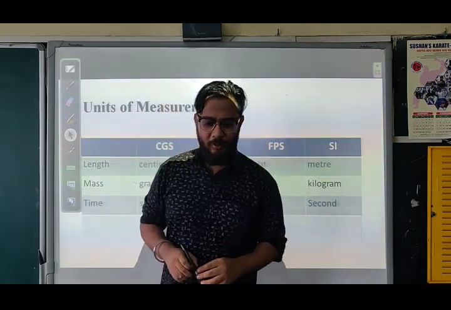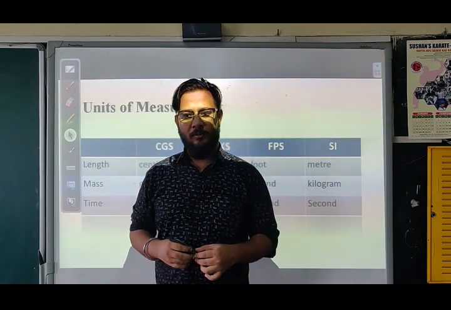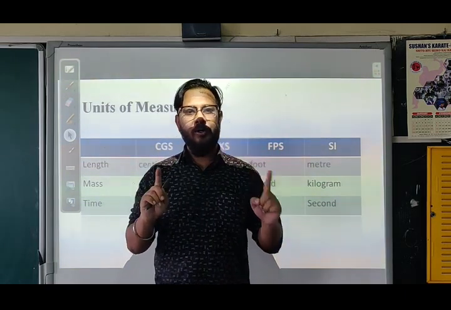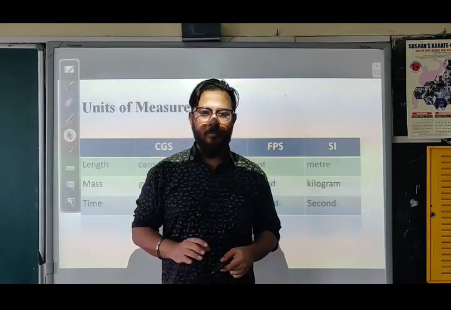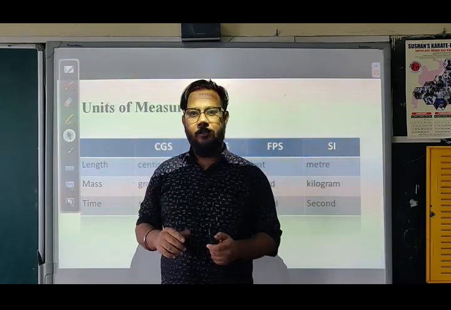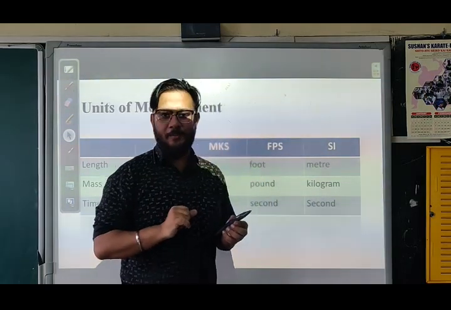imagine a scenario. You measure something, let's say a distance, how long something is. You measure it using your hand span. Good, 1, 2 hand spans.